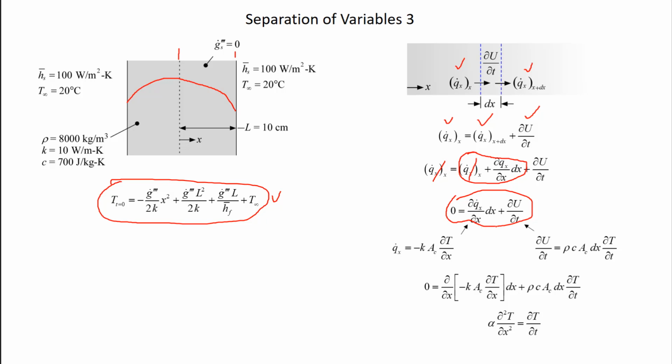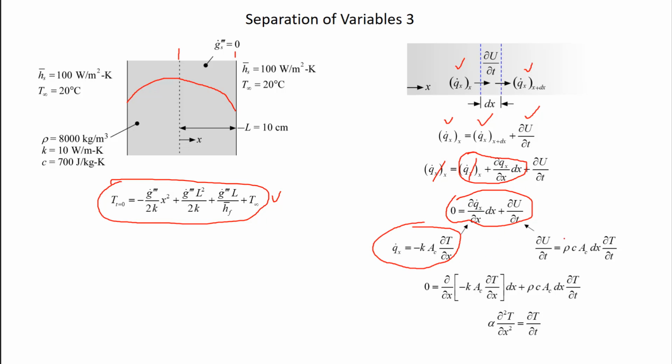This is a differential equation that's useful, but isn't the one we want to solve. We want to turn it into one that's related to temperature. So we have to substitute in rate equations. This is a conduction heat transfer, so we use Fourier's law. It's in the positive x direction, so minus k A_c dT/dx.